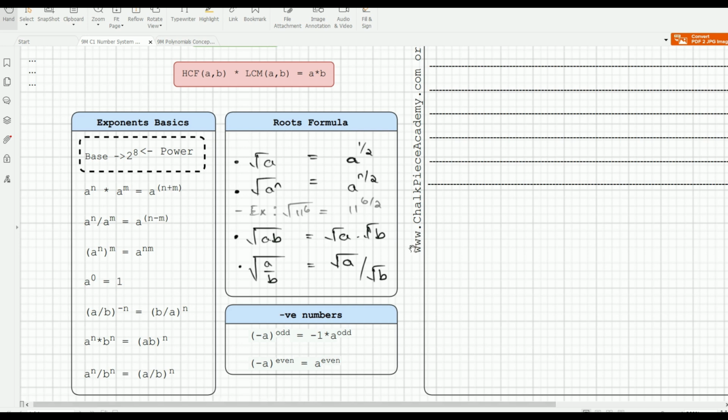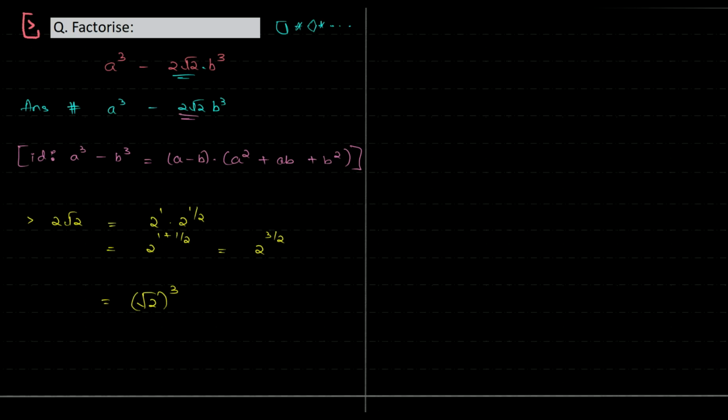So understand the importance of this. Understand it, just don't memorize it, right? The whole point is not to memorize, it's for you guys to understand. So in the end, I am able to write 2 root 2 as root 2 the whole cube. You need not write so much. For now, you need to understand it. Yes, in the exam, you can directly write 2 root 2 as root 2 the whole cube. Okay, that's one more bit of information.